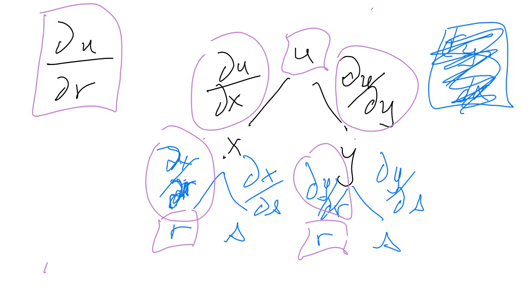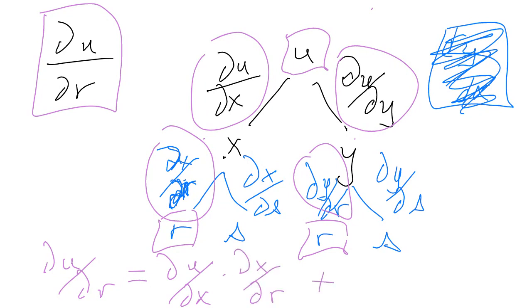So the partial of u with respect to r is going to be given by a theorem. This is a way that we can remember it: the partial of u with respect to x times the partial of x with respect to r, plus the other branch here, the partial of u with respect to y times the partial of y with respect to r.